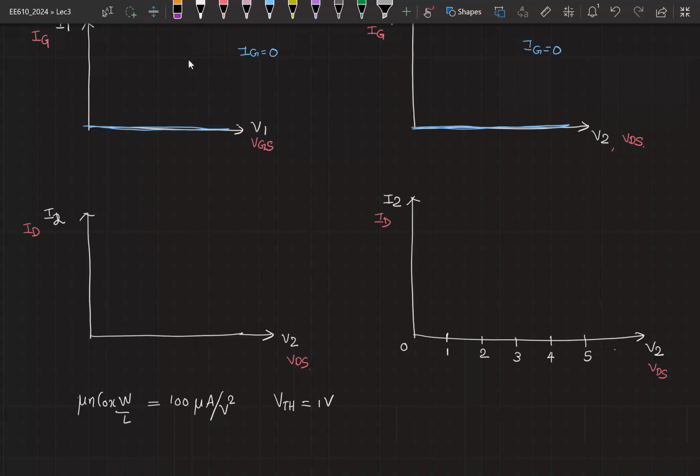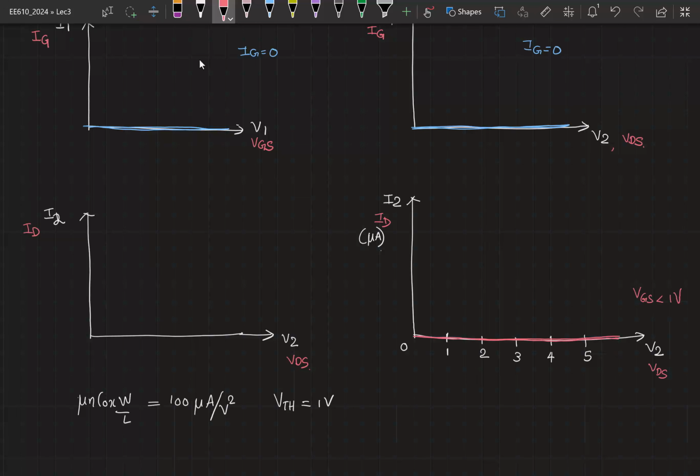So this is in volts, and let's say the current is given in microamperes. If your VGS is lesser than the threshold voltage, that is 1 volt, you will simply get a flat line because there is no current.